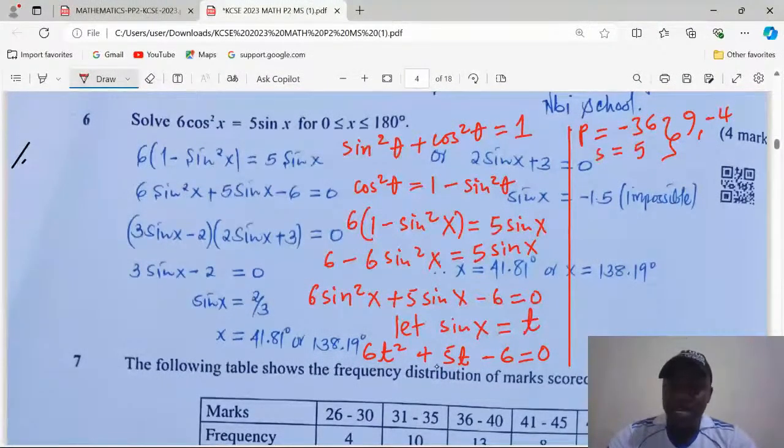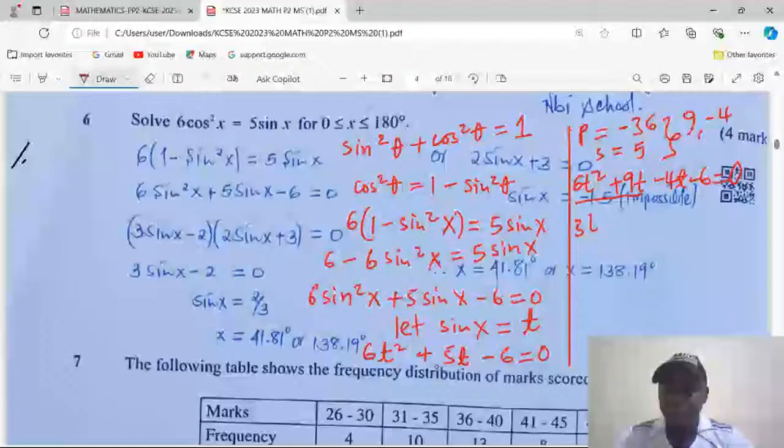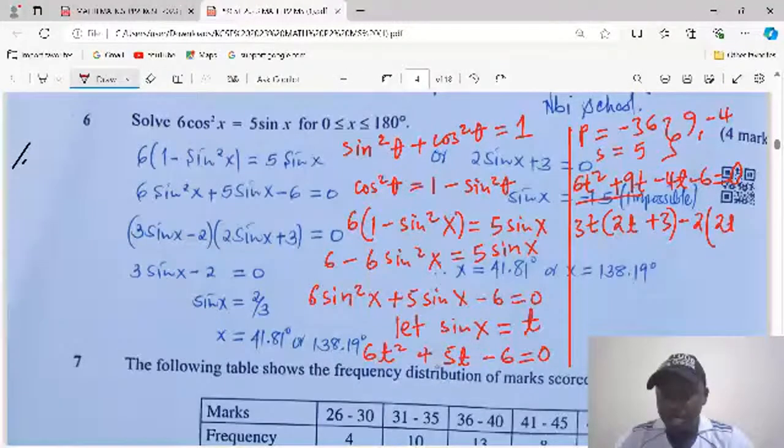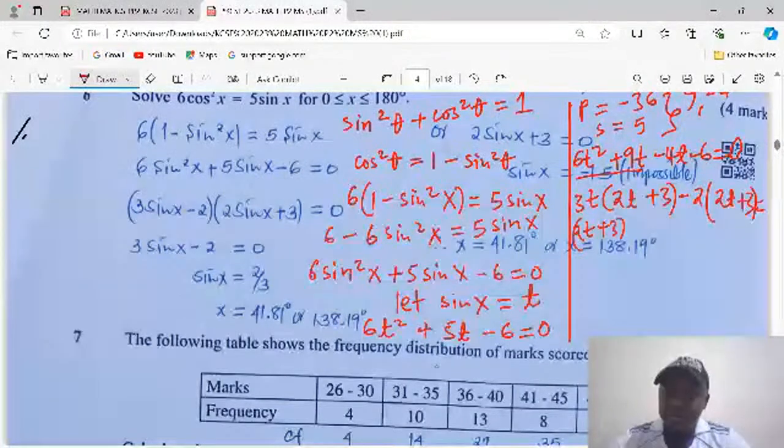We have 6t squared, now instead of 5t we have 9t, then we subtract 4t, then minus 6, equals 2t plus 3 times 3t minus 2 equals 0. If that is equal to 0, it means we can pick 2t plus 3 equals 0, and that means the value of t will be negative 1.5.